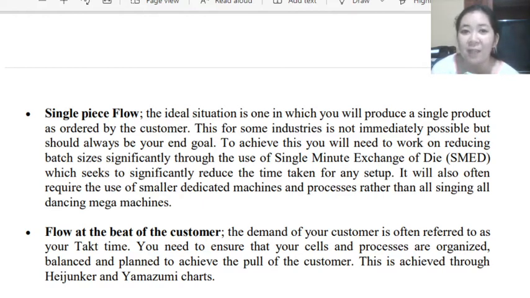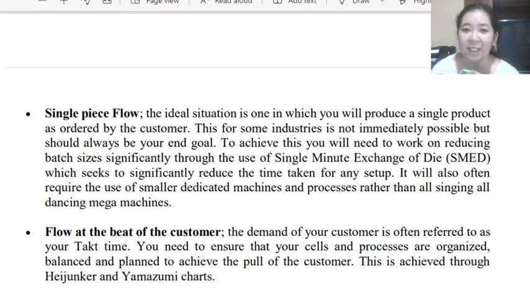To achieve this, they will need to work on reducing batch sizes significantly through the use of single-minute exchange of die, or SMED, which seeks to significantly reduce the time taken for any setup. It will also often require the use of smaller dedicated machines and processes rather than all singing, all dancing mega machines.